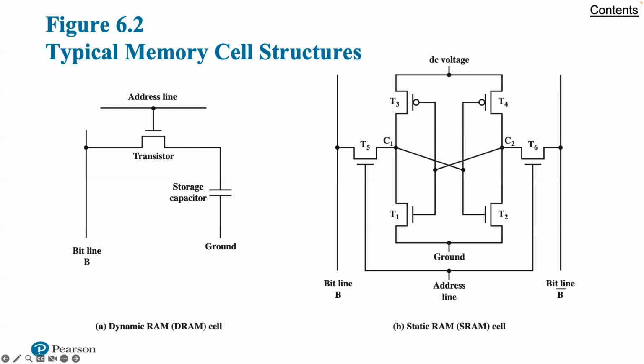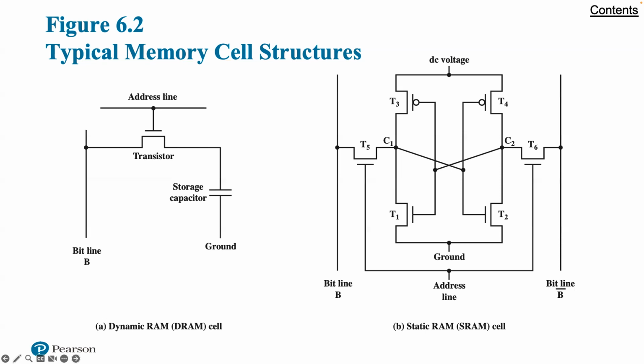In figure 6.2b, on the right, we're showing what is typical for SRAM, a structure for an individual cell. You can see there are a lot more transistors here. T1, T2, T3, and T4 are cross-connected in an arrangement that produces a stable logic state.